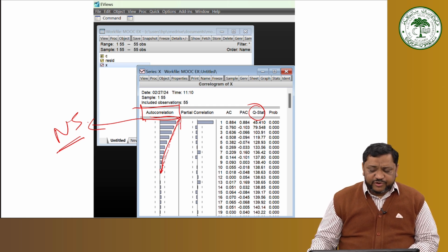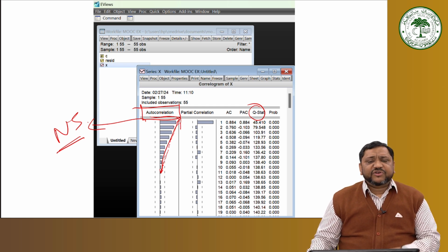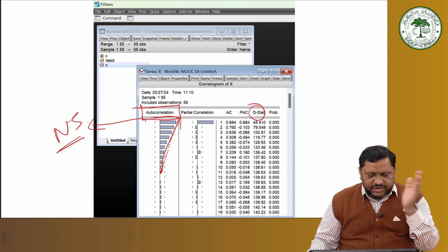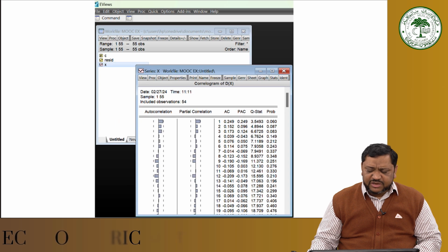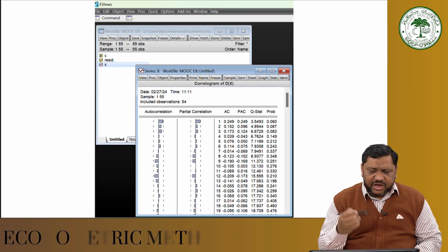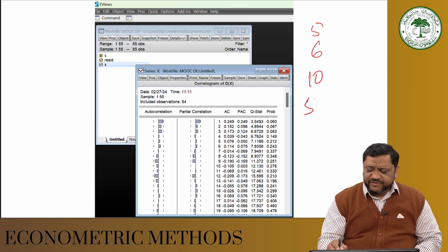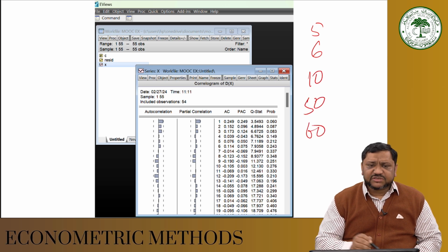Next, we try to make the process stationary. We try to convert the non-stationary data into stationary data, as we have seen how the conversion is done. Say we have 5, 6, 10, 50 and 60. This is my data, xt.